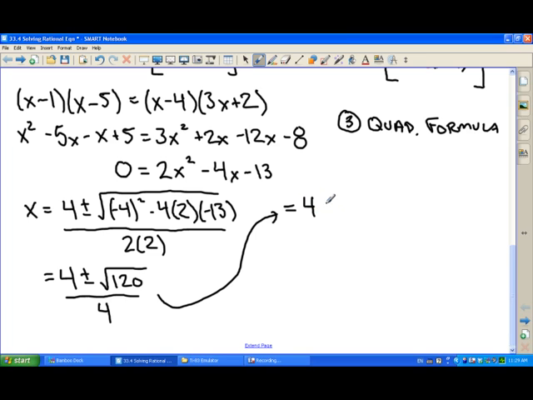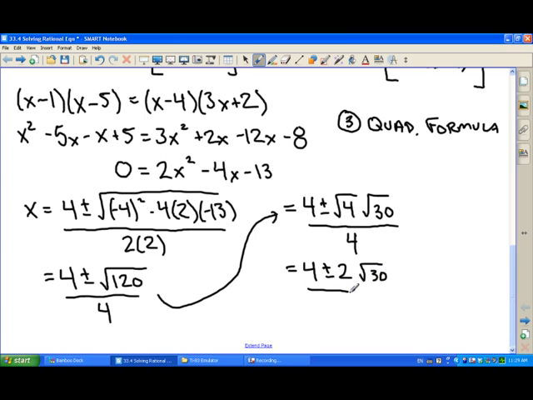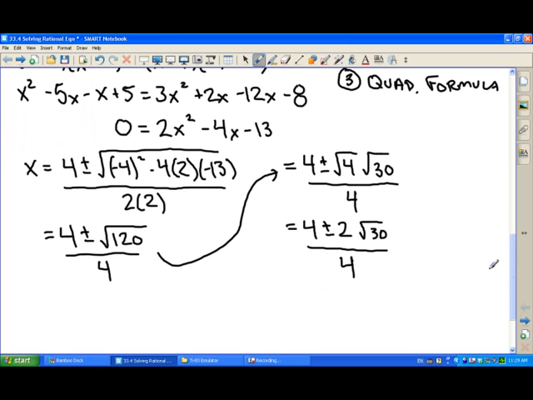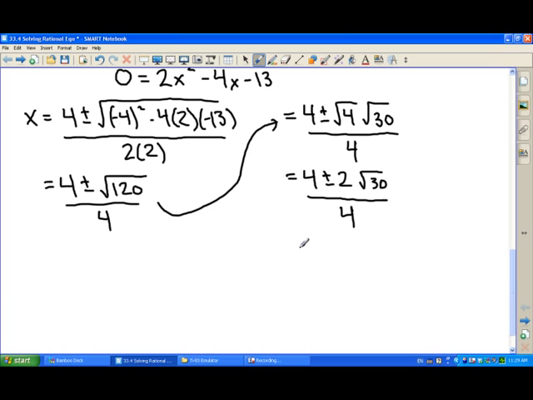Simplifying, reducing the radical, 120 can be divided into 4 times 30. And then canceling as much as I can, I end up with 2 plus or minus the square root of 30 all over 2, and those are my two possible solutions.